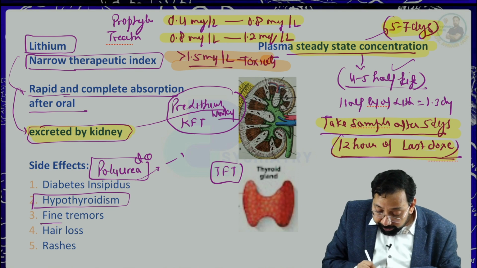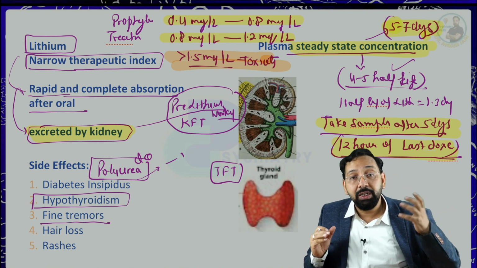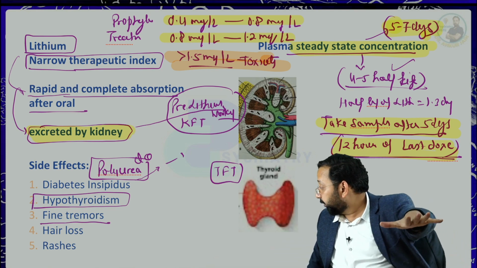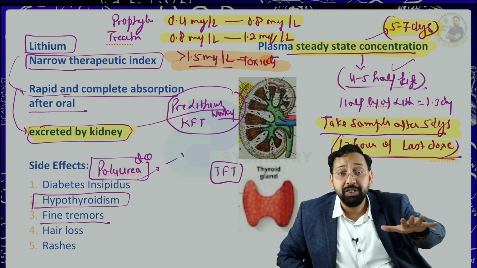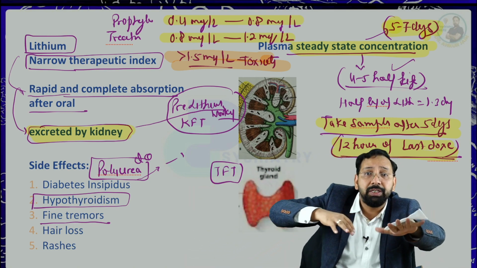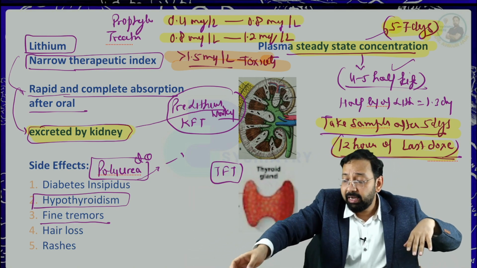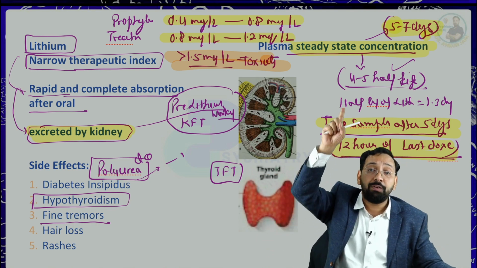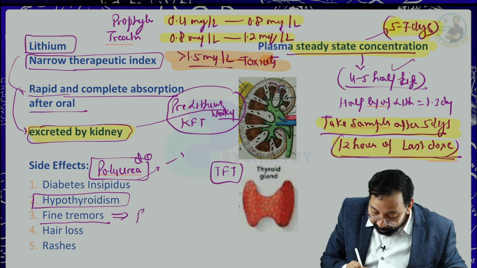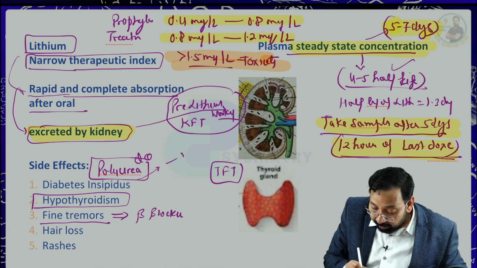Fine tremors. Suppose a patient is on lithium and came to you. What will you ask? You ask the patient to stretch the hand. When the patient stretches the hand, I will take a paper and put it on this, and you can see fine tremors by that. Don't forget to switch off the fan. So fine tremors you can check, but no need to worry, you will give a beta blocker.